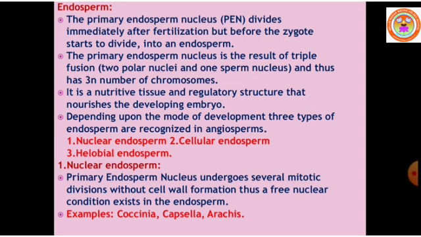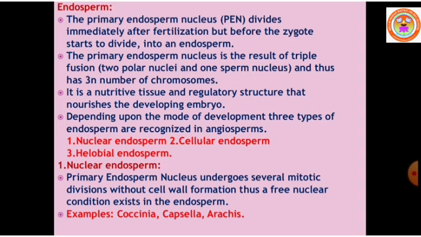The fusion of the second male gamete with the central cell or secondary nucleus forms the primary endosperm nucleus. The primary endosperm nucleus later becomes endosperm. Clear? The product of double fertilization is called the primary endosperm nucleus.